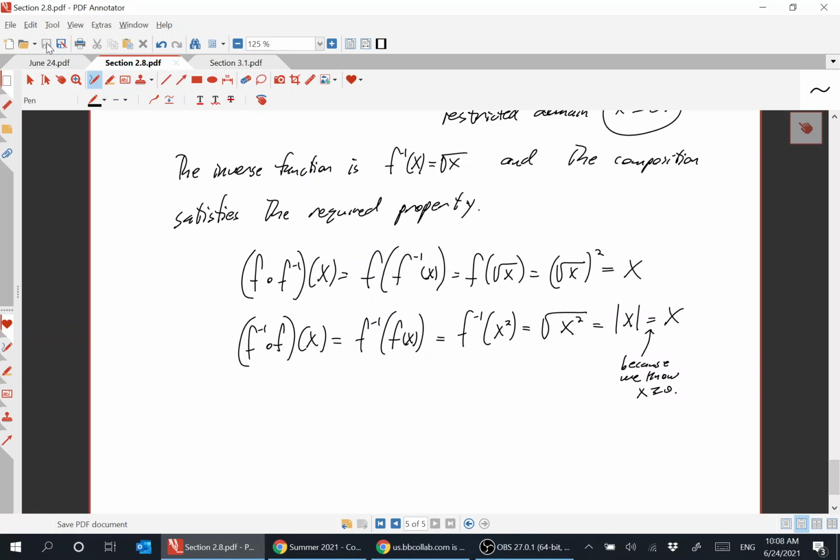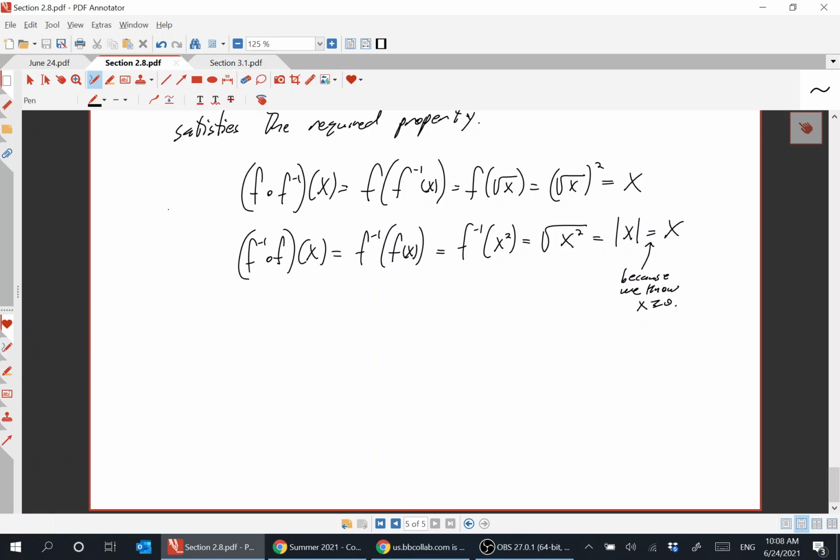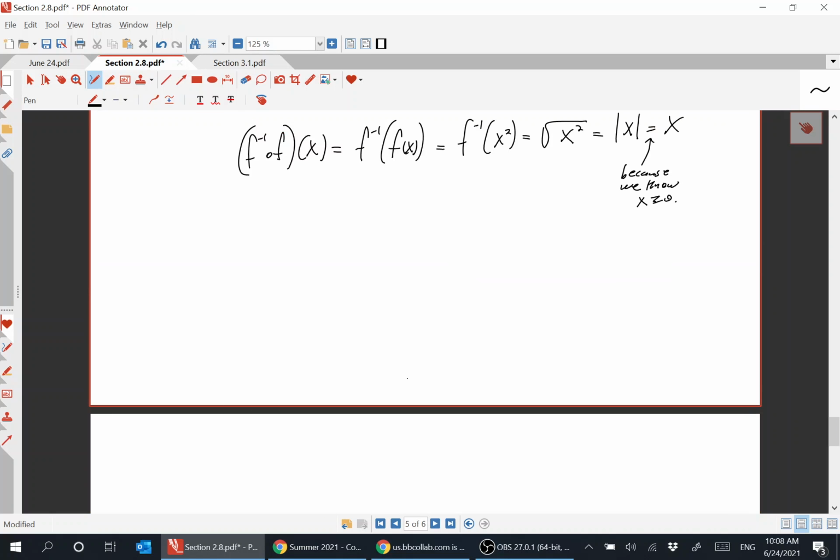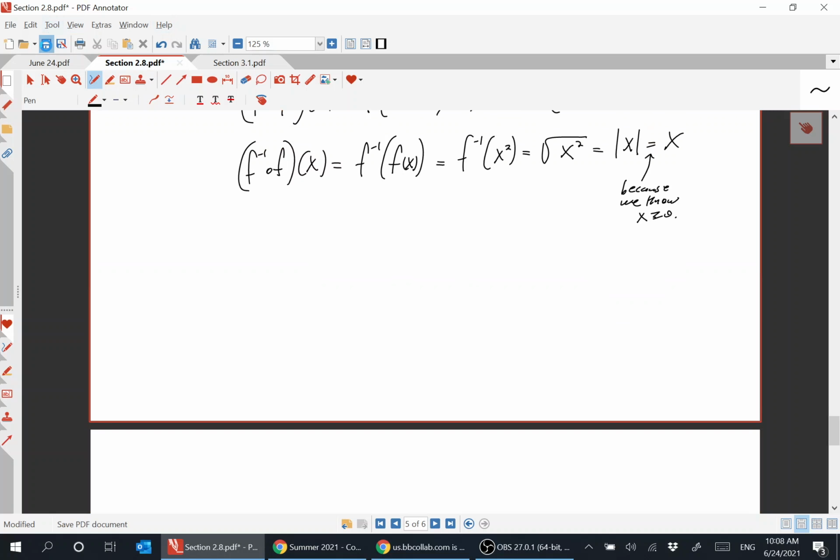All right. What about the graphs? What do the graphs look like? So let's look at the graphs y equals x squared and y equals square root x.